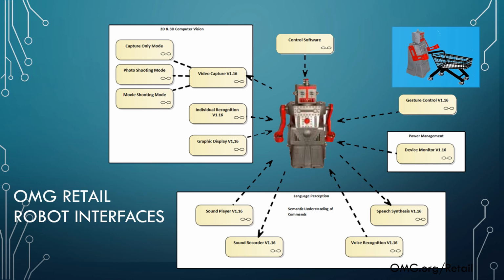On top of that, we move into the sound area. We have a sound player. We have a sound recorder to be able to record various sounds. Voice recognition, being able to identify people, places, things. And speech synthesis in order to create audio on the fly.